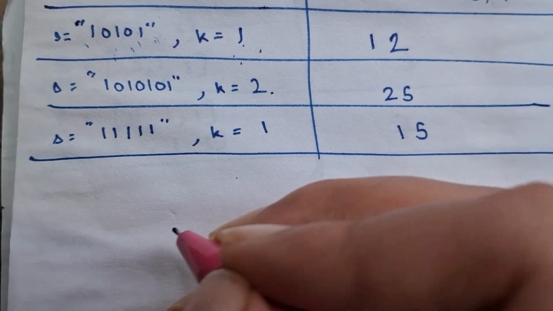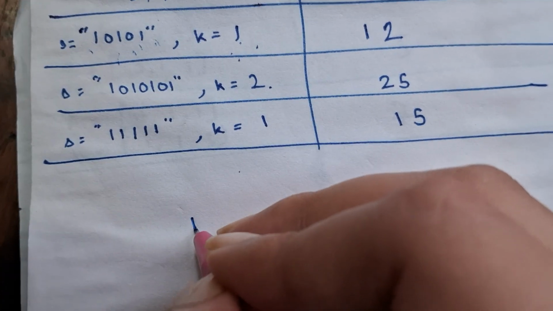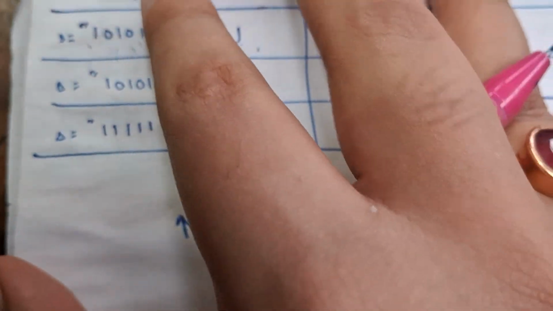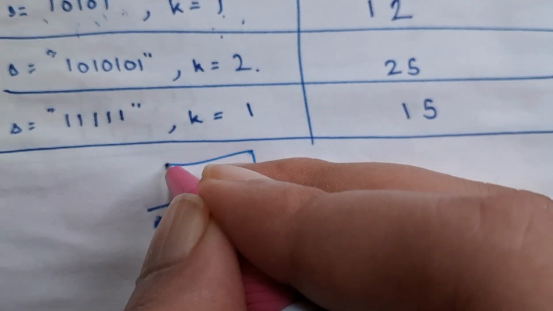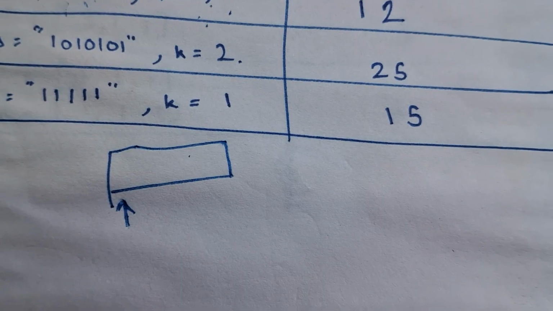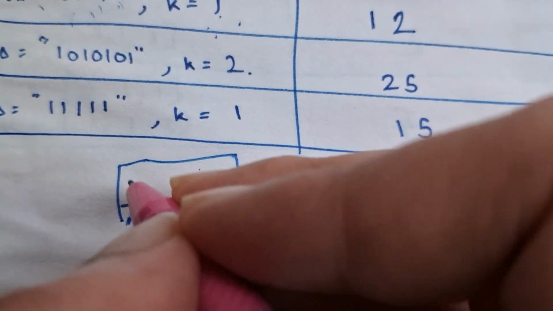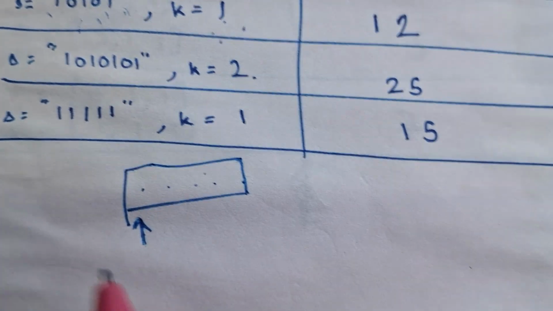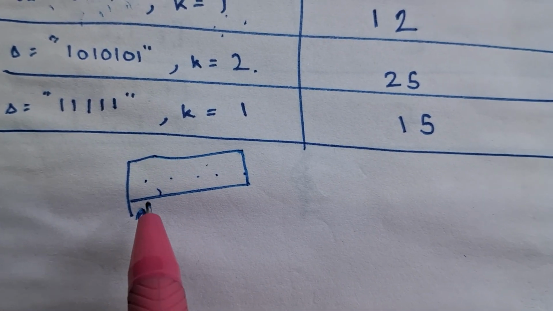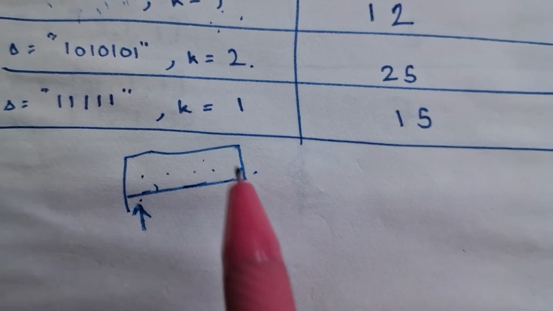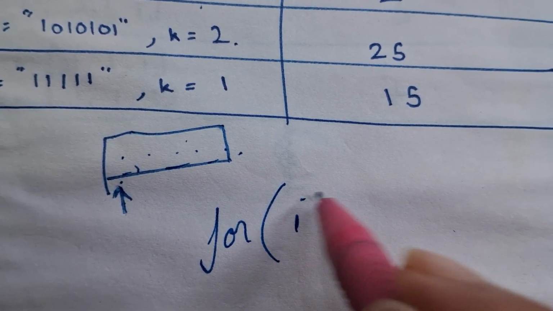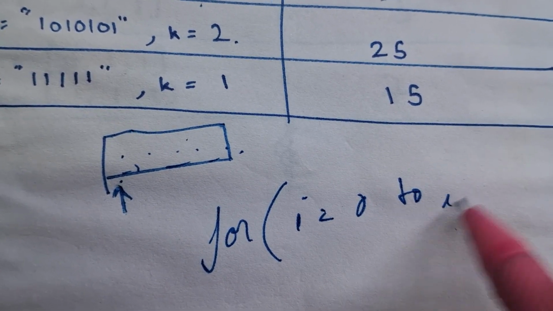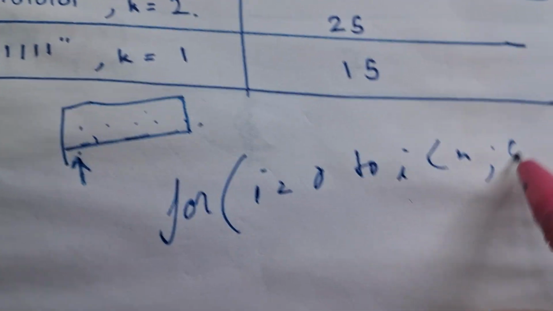Like you can do one thing, just fix the first position. Okay, let me do this. So let's say you have an array, and in that array you have some elements like this. Okay, so you can traverse throughout the whole array. That is, you can make for i from 0 to i less than n, i plus plus.